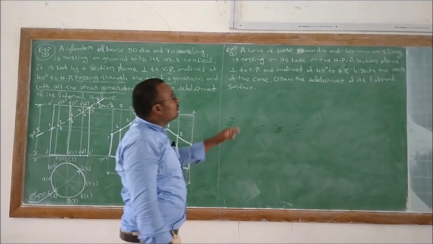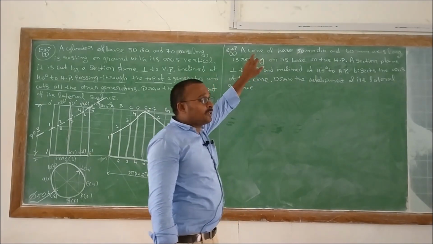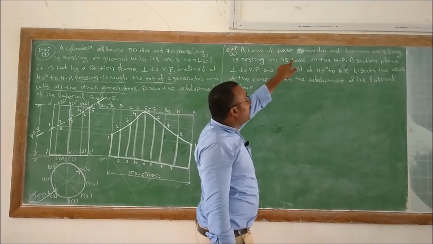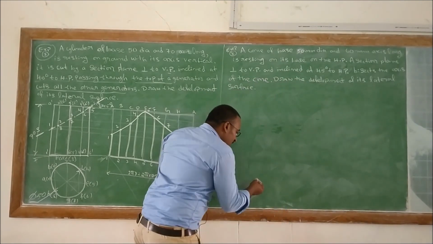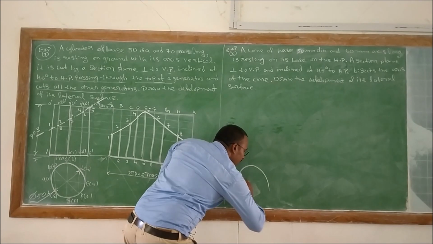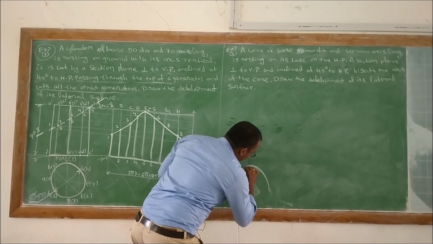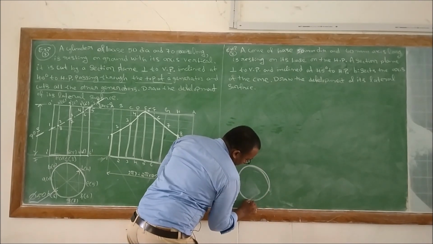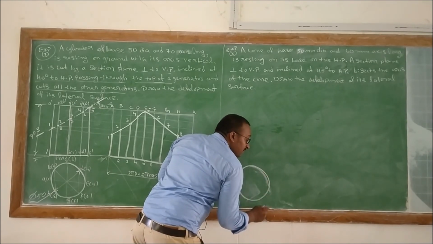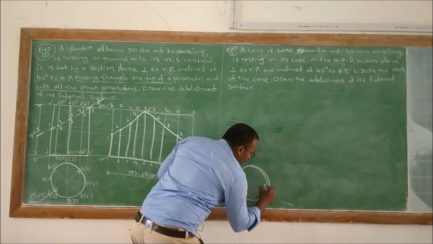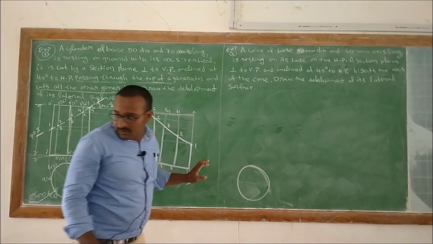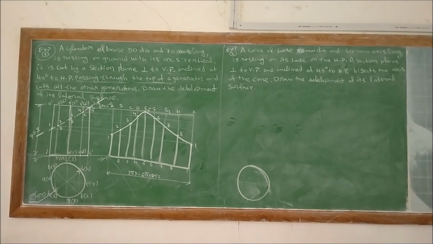Right? And coming to the cone problem. So here it is a radial line method. We have to use a cone of base 50 mm diameter. So initially we should start with the cone of base 50 mm diameter, and we need to divide the total cone into a number of equal parts.